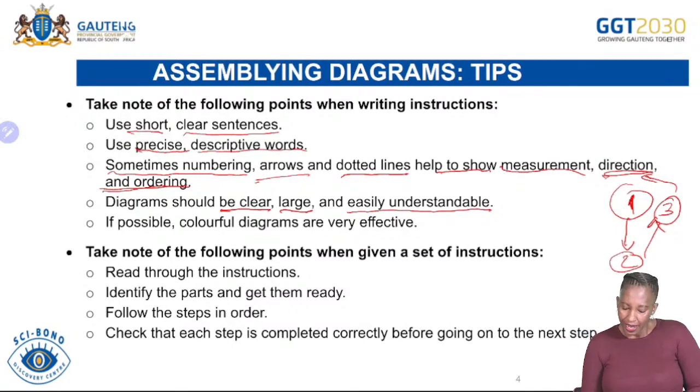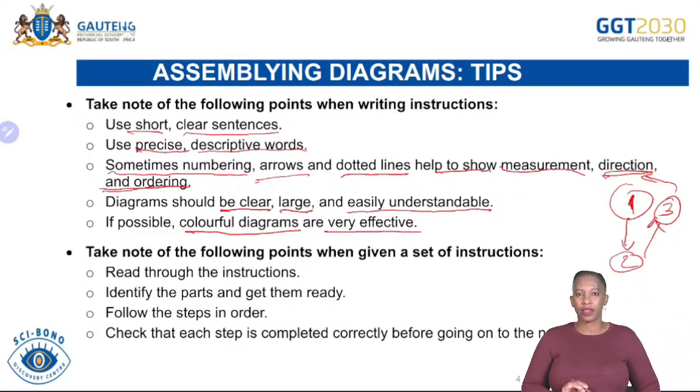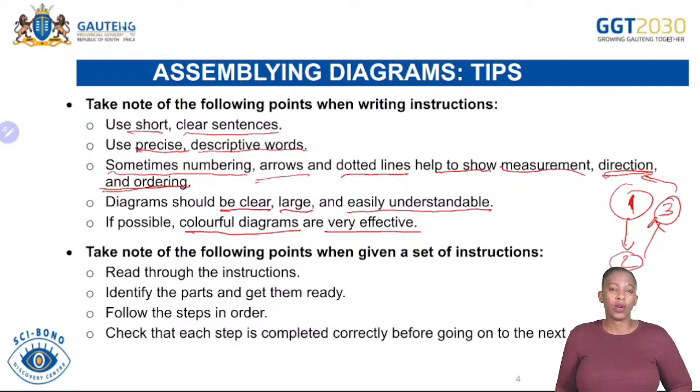If possible, a colorful diagram is very effective. That one I fully agree with. Because remember, we do a lot of things. So if the diagram is not colorful, then I won't be able to identify the piece or the object that I must use in terms of assembly.